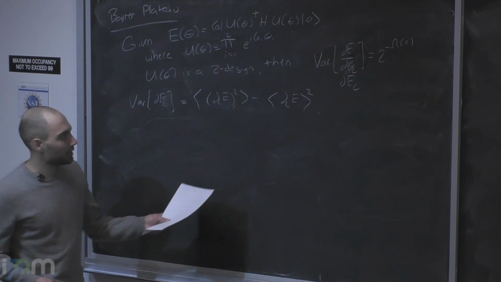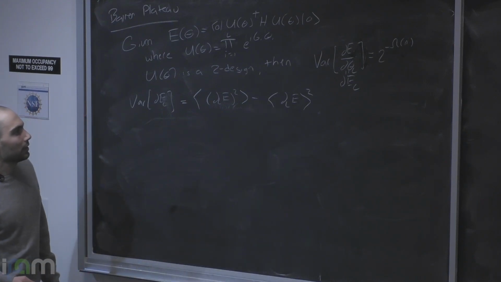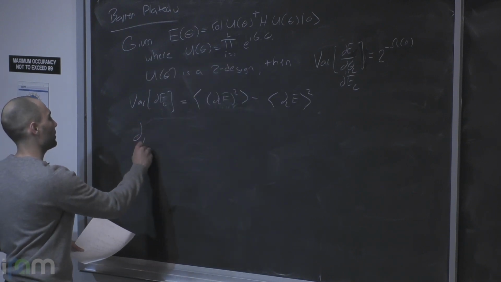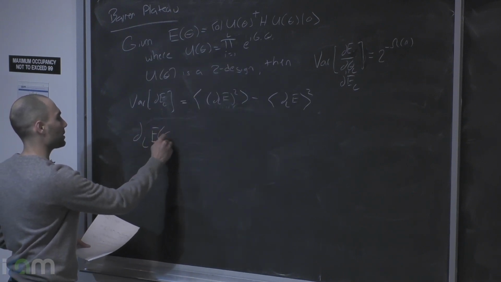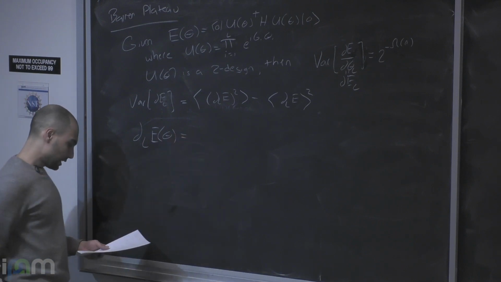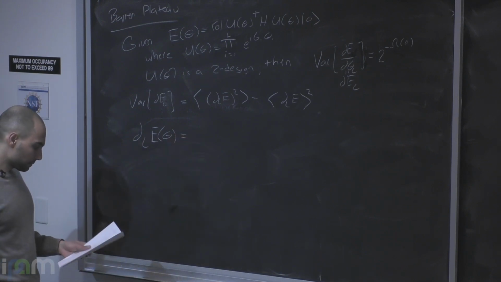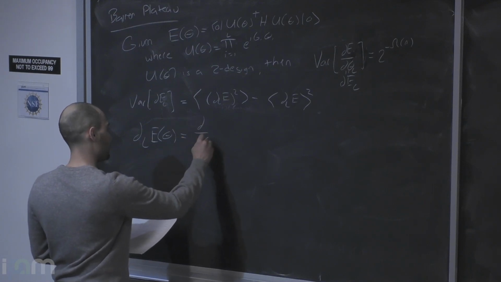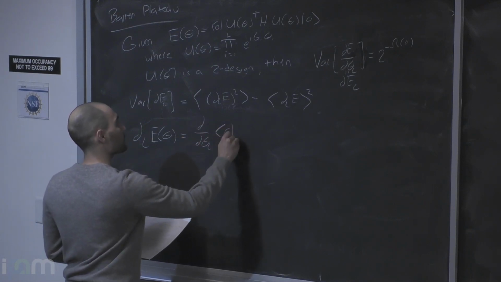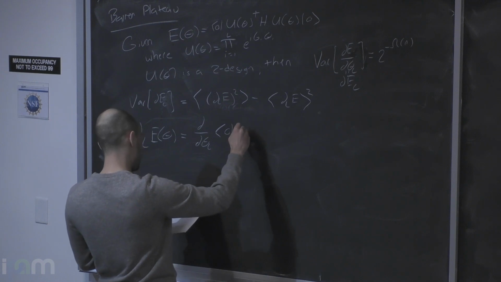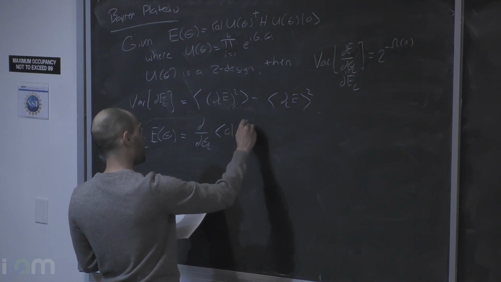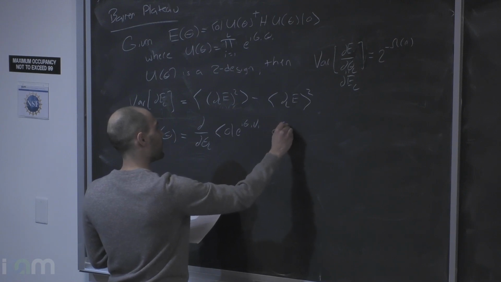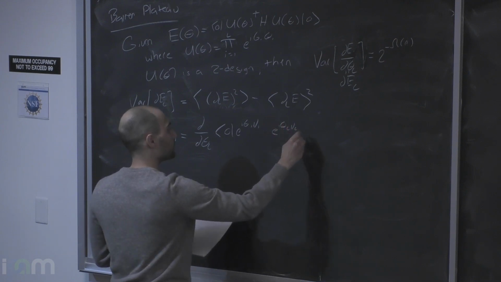But first, before we calculate it, we should write out what our gradient is, and we have the form of our circuit here. Let me plug this in this way: e to the i theta 1 V1, up to e to the i theta L VL.